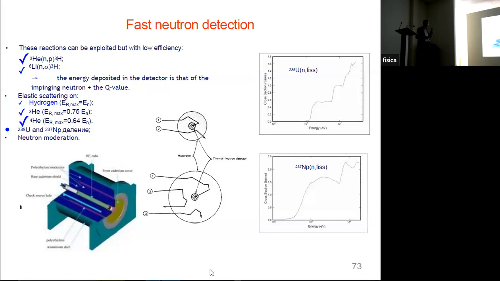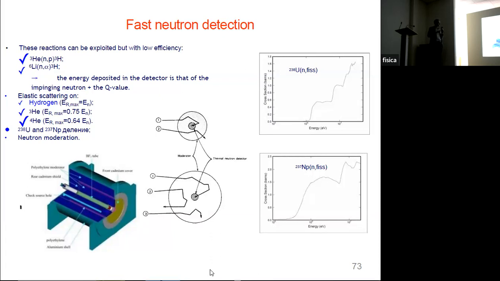There are several types of detectors for this task. One of them is scintillation detectors, liquid scintillation detectors, and the reaction is based on elastic scattering of neutrons off the protons in scintillation materials, which gives rise to proton recoils in the detector that you can measure.